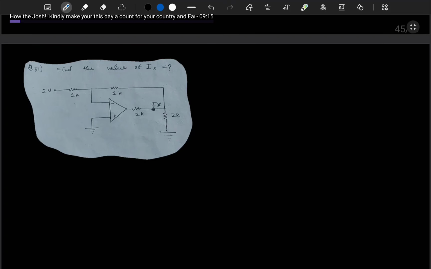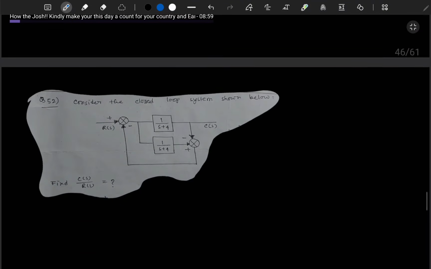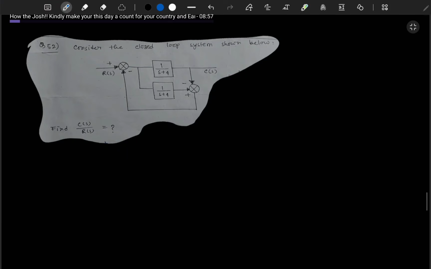Find the value of Ix. So here using KCL nodal, we will get Ix value 3 milliampere, not an issue. Here using Mason's gain formula, we will get 1 by s plus 4.